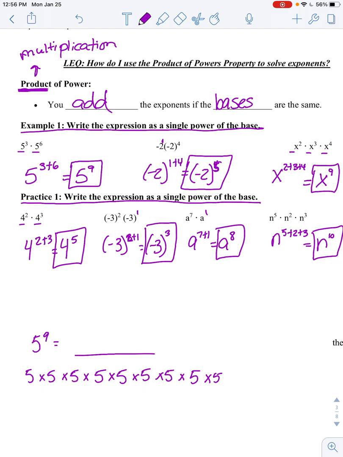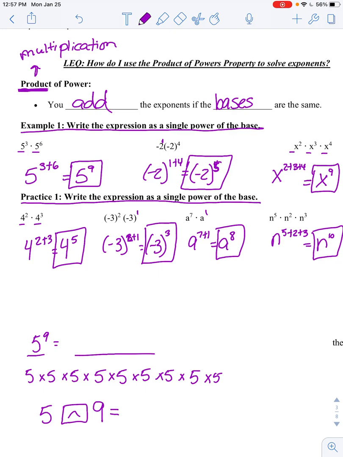So what you're going to do is, in your TI 30s, you type in your base first. So you would type in 5. Then if you look at your calculator, diagonal from the number 7, there's an up arrow button. You're going to click that. That means you're raising it to something, and then 9 is the power you are raising it to.